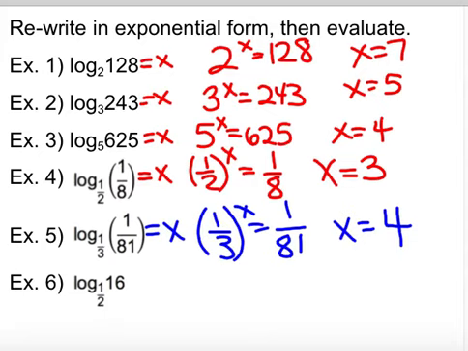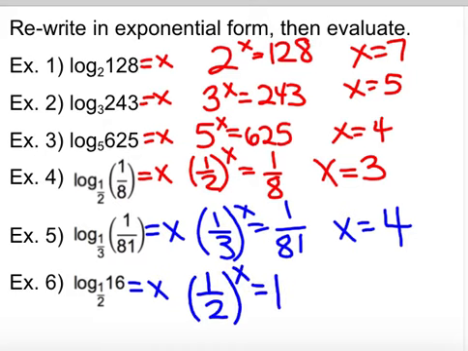All right, so a little bit of a special answer here though on number 6. Let's write this down. Log base 1/2 of 16. We're going to set that equal to x, and we're going to say 1/2 to the what is 16.